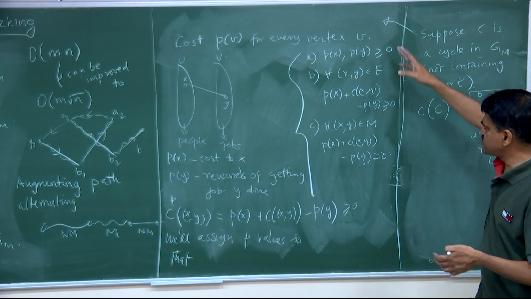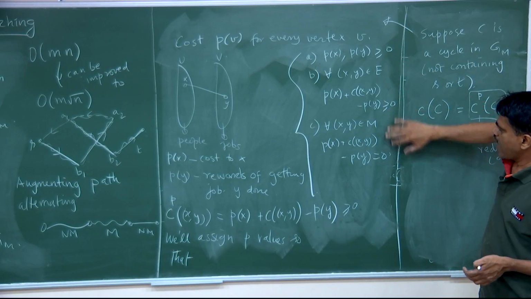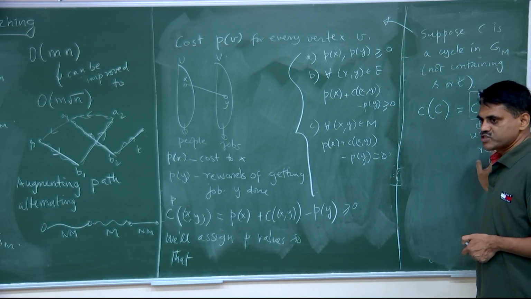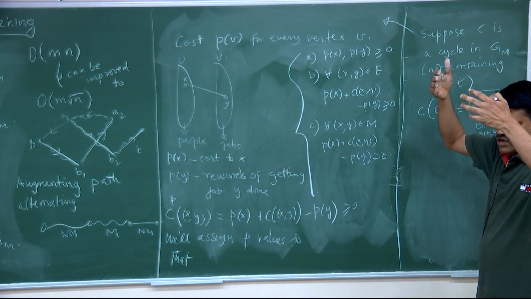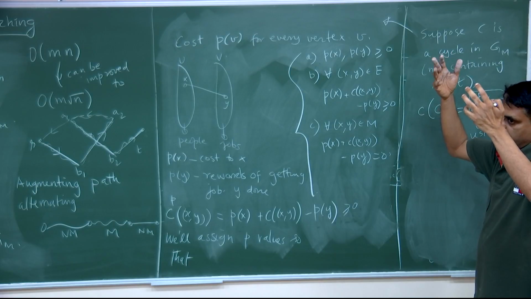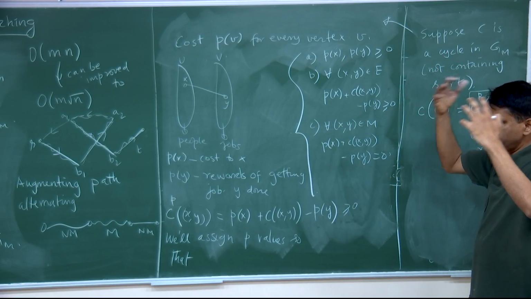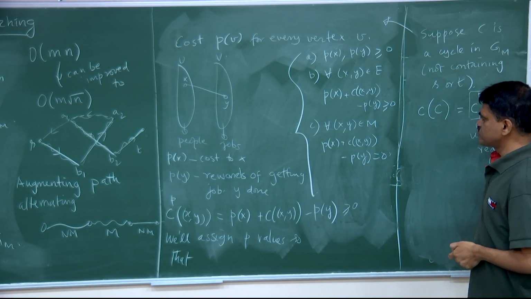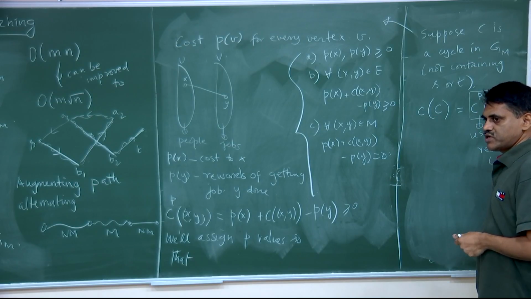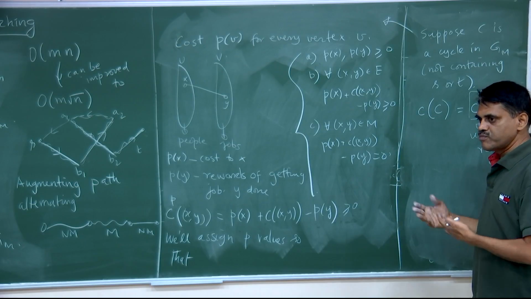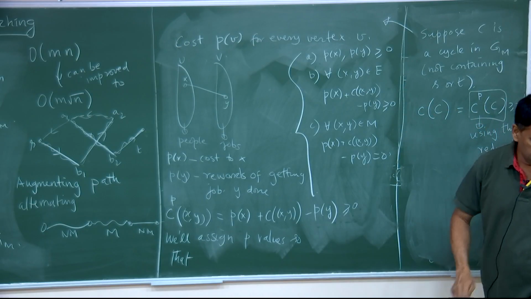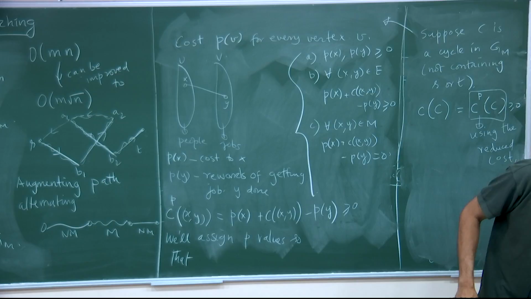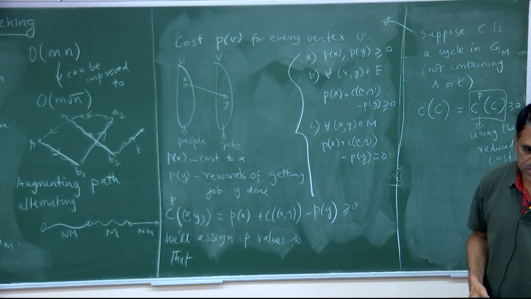I always ensure P and M have this relationship so that there is no negative weight cycle, and when I reach a perfect matching, I can stop, because I have a perfect matching where there is no negative weight cycle in the residual network. So by the lemma we saw, we got a min cost perfect matching. Now I just have to tell you how to update P values, and then the algorithm is clear.